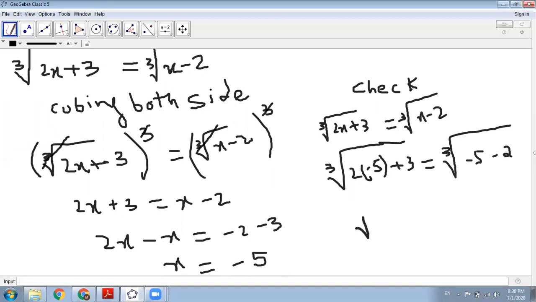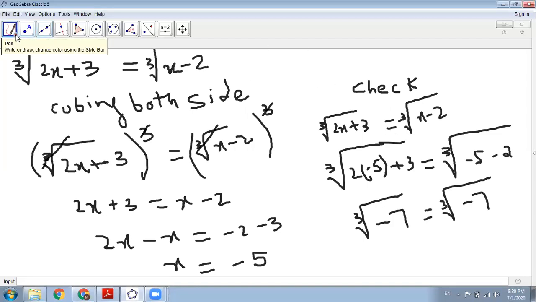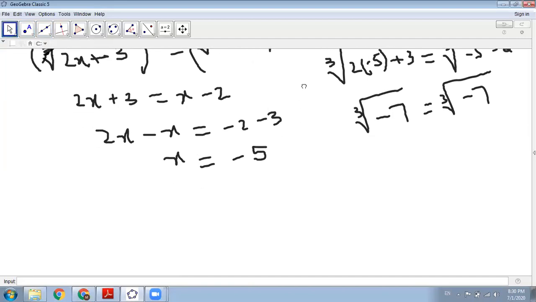So we get cube root of minus 10 plus 3, which is minus 7, and the same here, minus 7, cube root of minus 7. It means that both sides are equal, so the solution set will be minus 5.